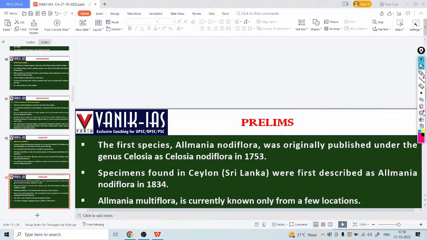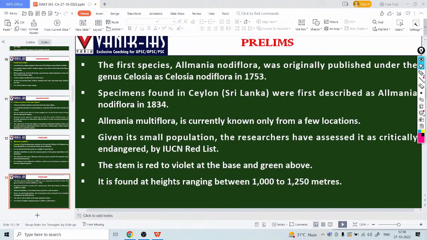The first species Almania nodiflora was originally published under the genus Celosia nodiflora in 1753. Specimens found in Ceylon, Sri Lanka, were first described as Almania nodiflora in 1834.